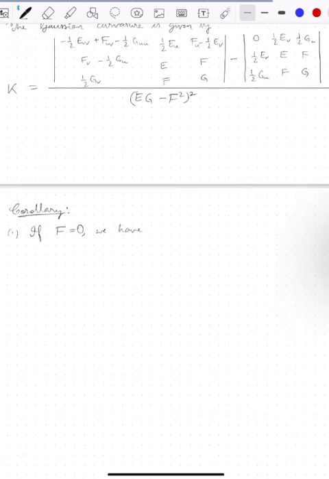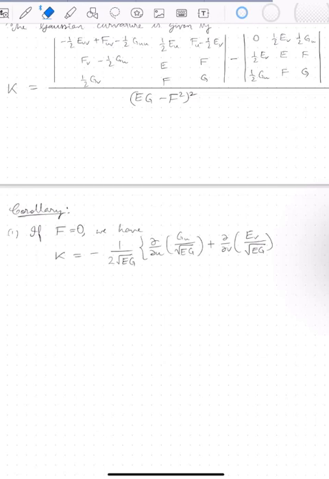So I'll just give the final expression of what the Gaussian curvature looks like: minus 1 over 2 root EG, times partial u of (G_u divided by root EG) plus partial v of (E_v over root EG).